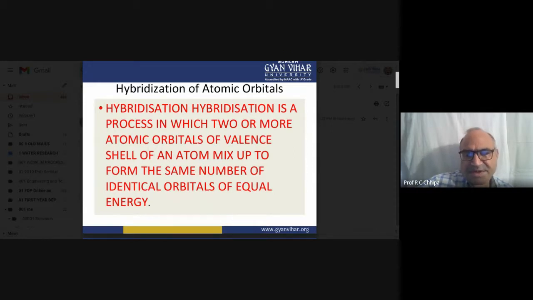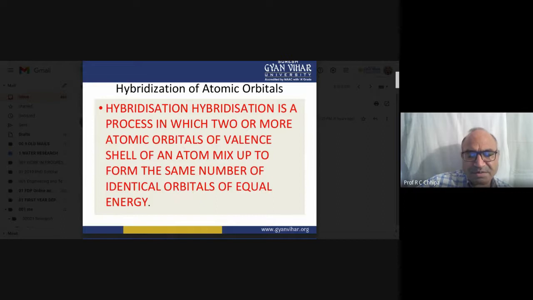So the concept is the mixing of different atomic orbitals, and this mixing particularly leads to new atomic orbitals having the same energy. Those new atomic orbitals are relevant with their energy as well as their shape. Shape is also relevant.